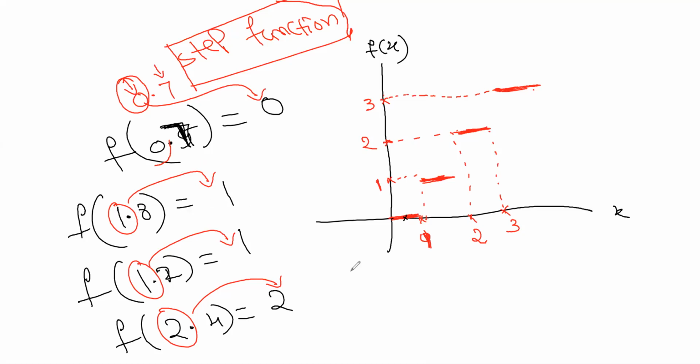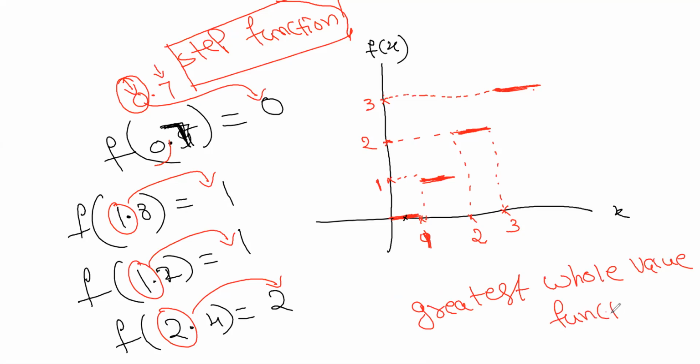Actually, the name of this is the greatest whole value function. Whatever the decimal may be, it always gives the greatest whole value of that number. So for 1.8, the whole number is 1.